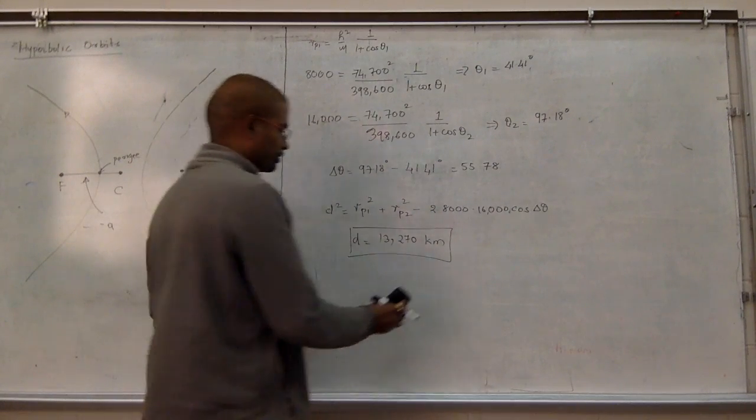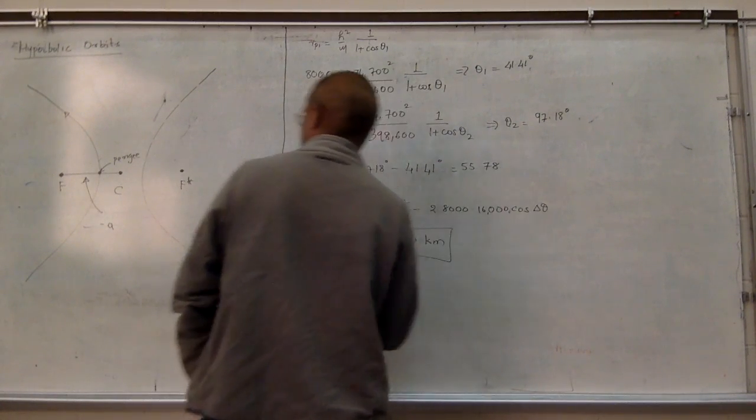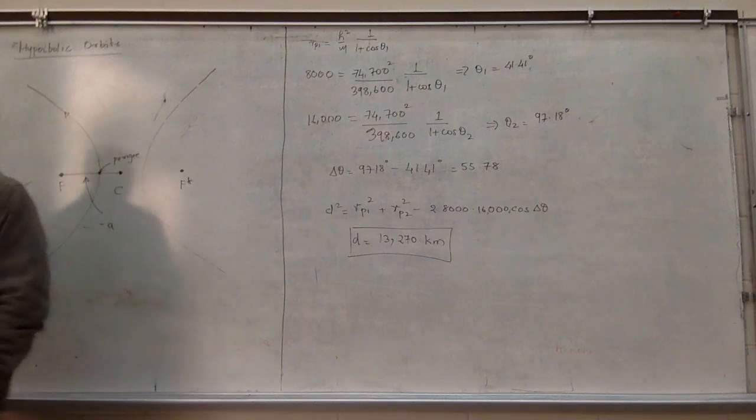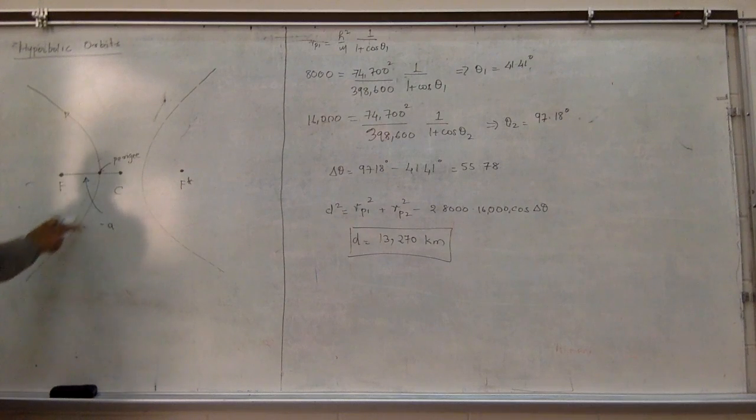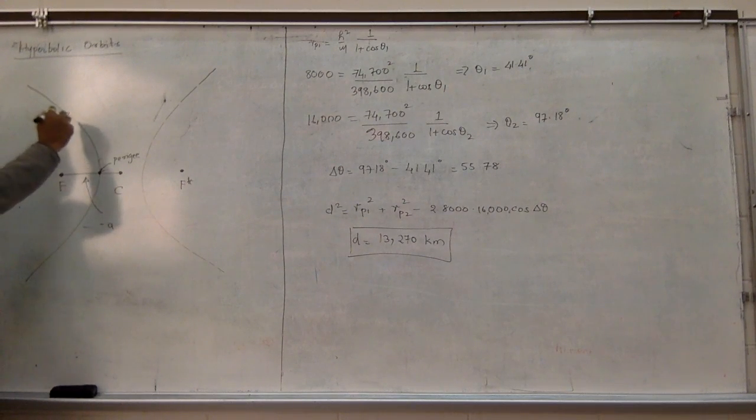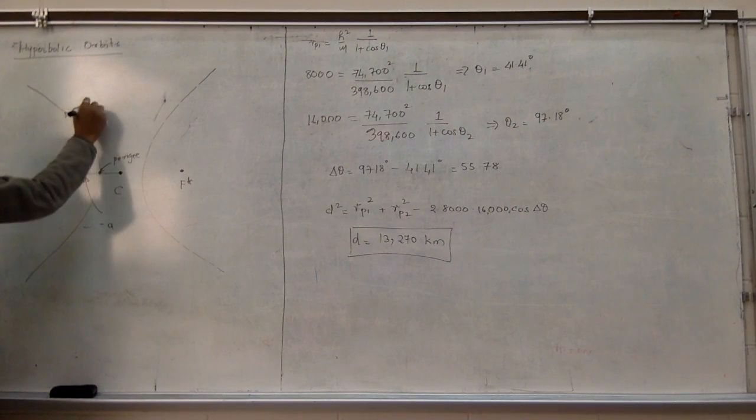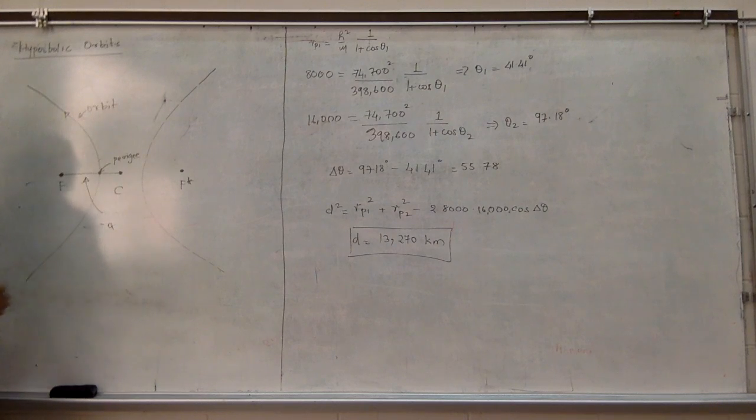Yes. Perigee, that's one on the solar axis. What is this? That's the orbit. Okay. What is perigee? How do you define perigee? Point of orbit closest to the central body.